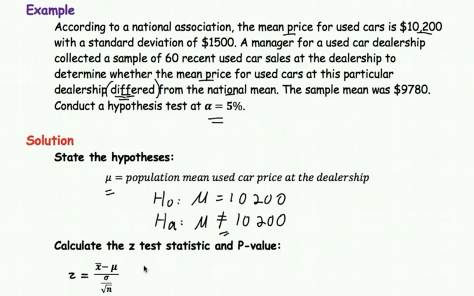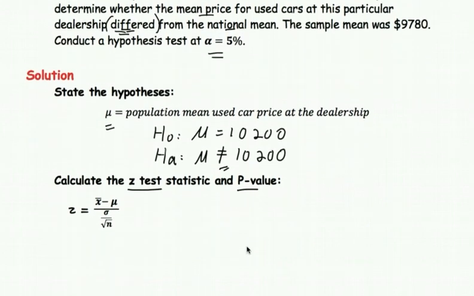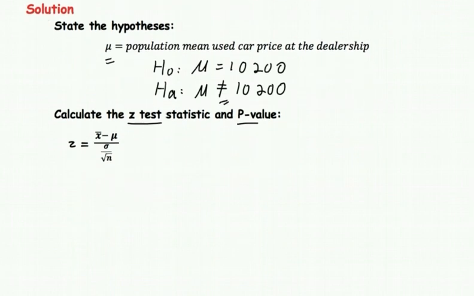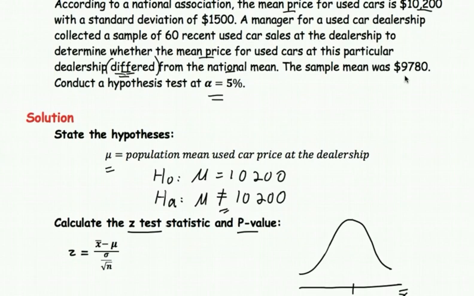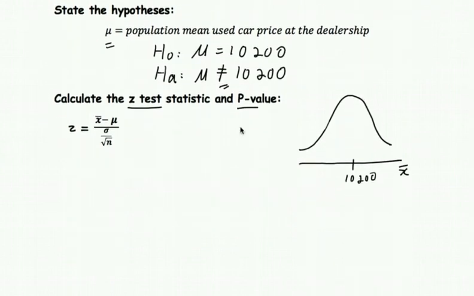The next thing we're going to do is calculate the z-test statistic and the p-value. Let's draw a diagram first. Our sample mean is 9780.